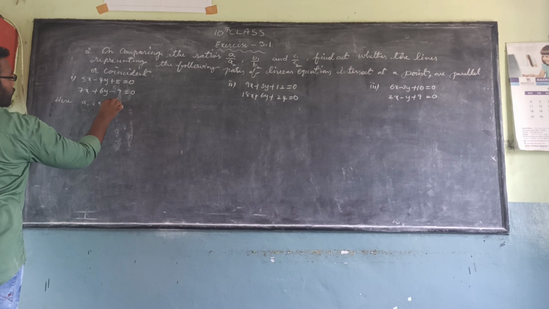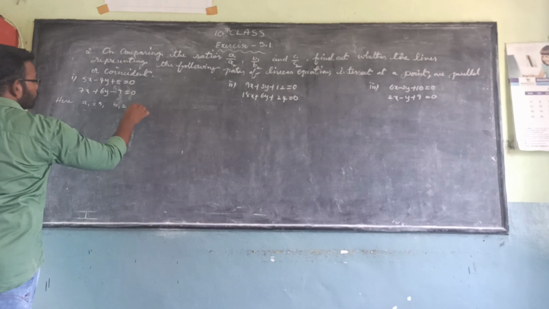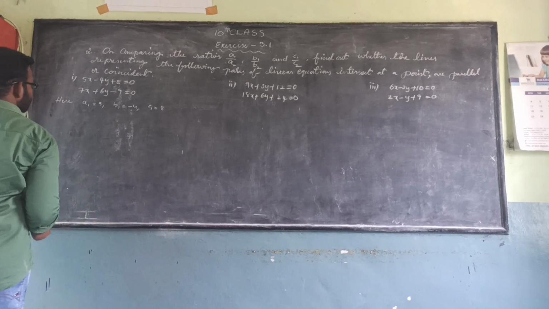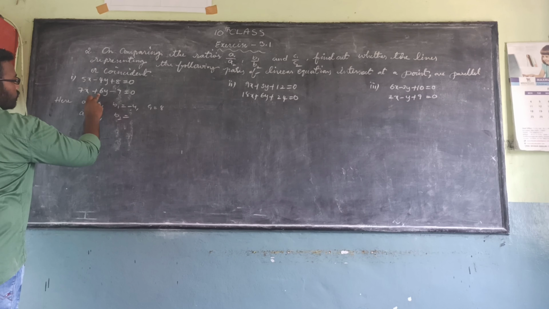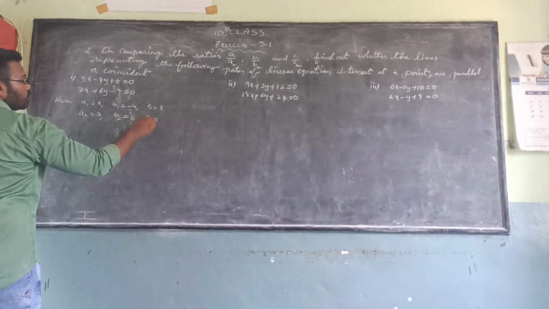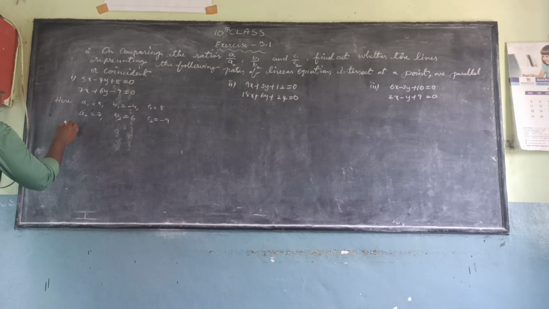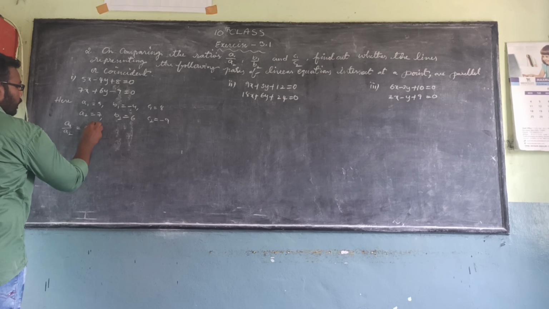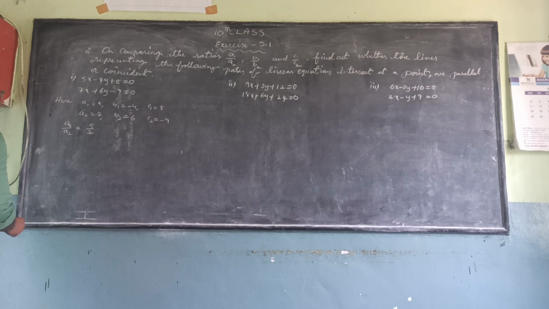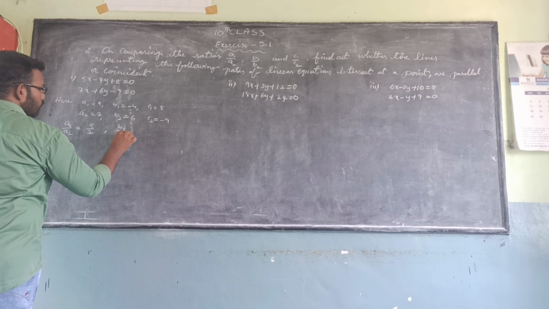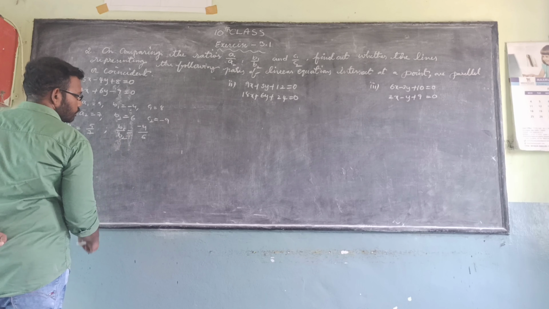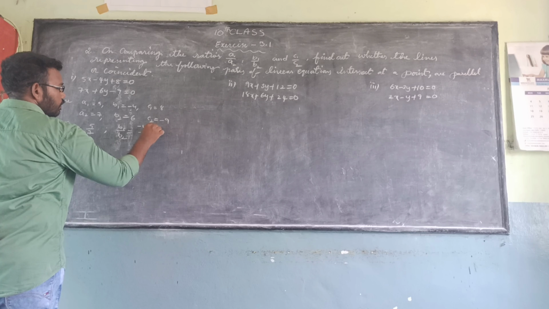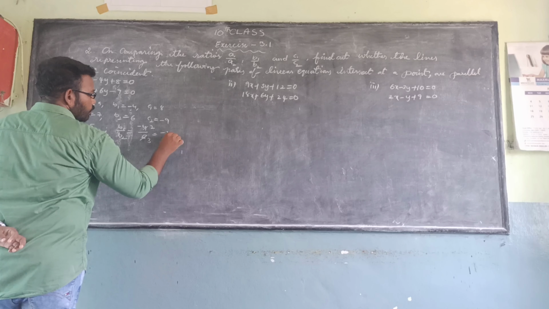So here first of all, a1 is equal to 5, b1 is equal to minus 4, c1 is equal to 8, and here a2 is equal to 7, b2 is equal to 6 and c2 is equal to minus 9. We have to find a1 by a2, that is equal to 5 by 7. This is the simplest form. Now b1 by b2, that means minus 4 by 6. So here if you cancel, 2 2s are 4, 2 3s are 6, you get minus 2 by 3.